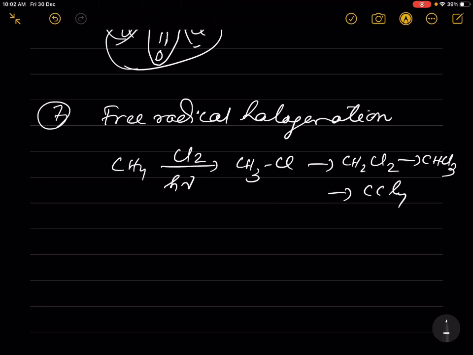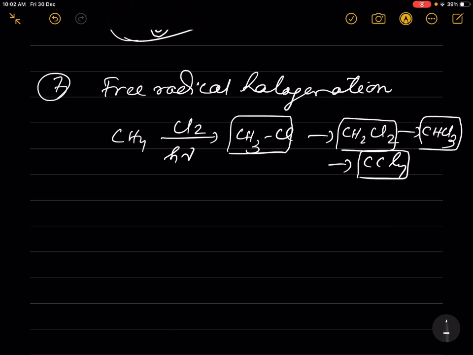So here you got methyl chloride, dichloromethane, chloroform, carbon tetrachloride. This is free radical halogenation. Here you can get a mixture of mono and polyhaloalkanes, which is difficult to separate. It is difficult to separate the mixture of these compounds.